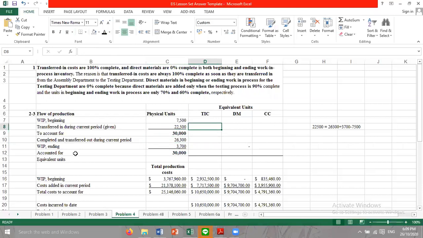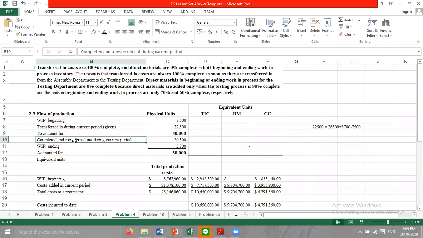Okay. Now we need to calculate the equivalent units, or practically the work that we did on this process in this current period. So the first one, we need to know the equivalent units for the completed and transferred out during the current period.